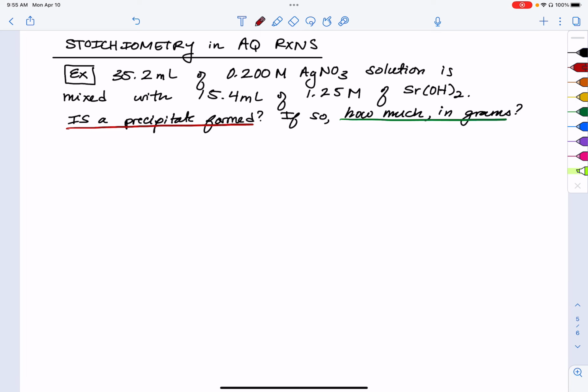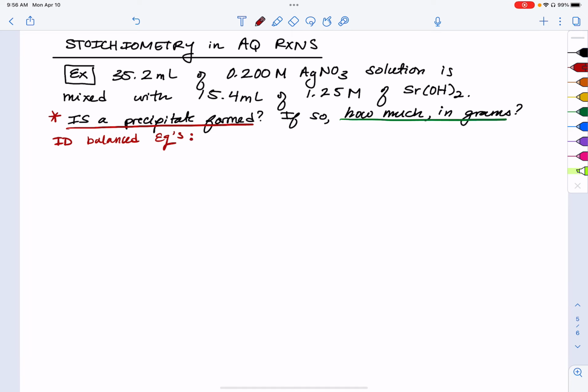So to answer this first question, is a precipitate formed, I need to identify our balanced equations in order to figure out if the double displacement between these two things results in any kind of formation of precipitate. So let's see if we can get our balanced equations.